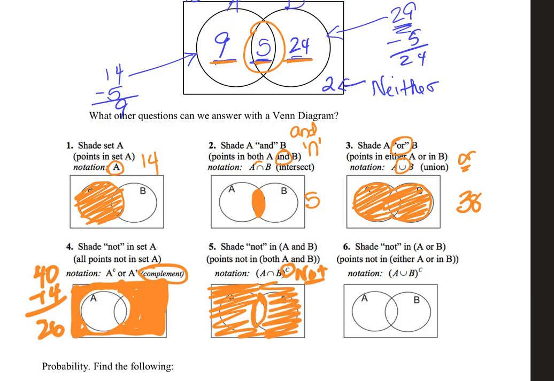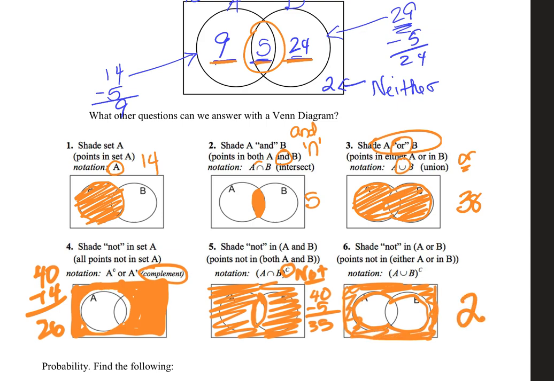So 5 is on the inside, and there's a total of 40 people, so we just subtract 5 and get 35. Not in A or B: A or B is this whole situation right here, so it's just the ones on the outside. That was 2, and we talked about that already.